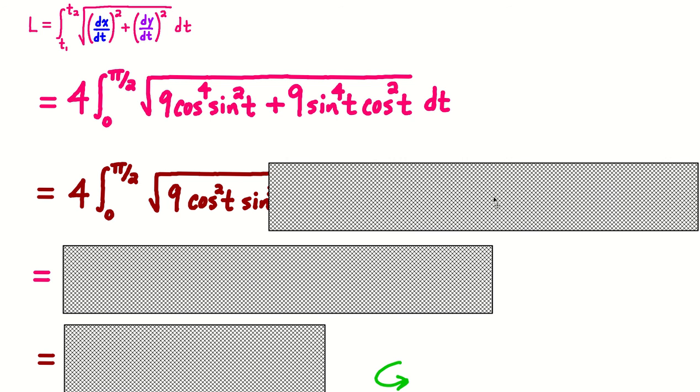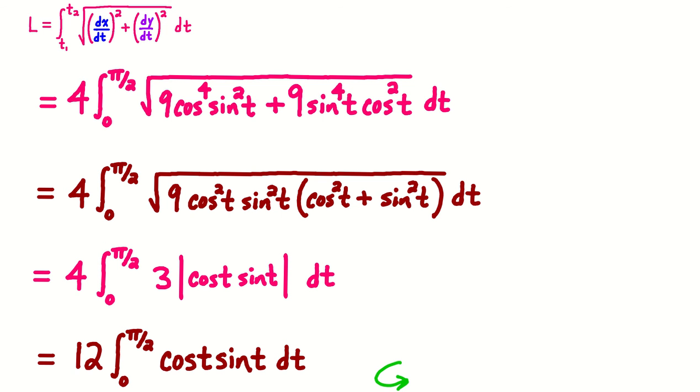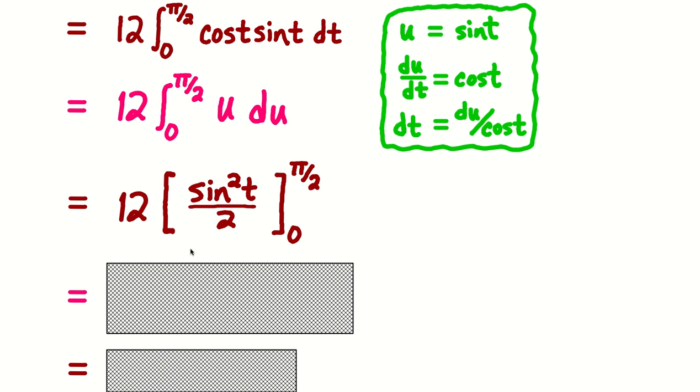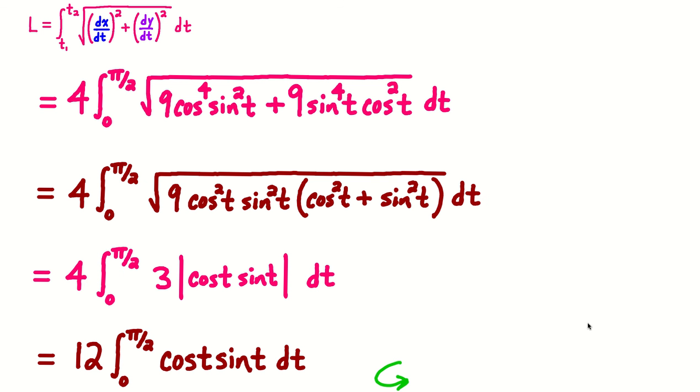The rest of all of this, you can pause at your leisure and write it all down. But like I've said already a couple times, the rest of this is just integrating it by hand. And the final answer is just going to end up being 6, whether you do all this by hand or just throw it into your calculator.